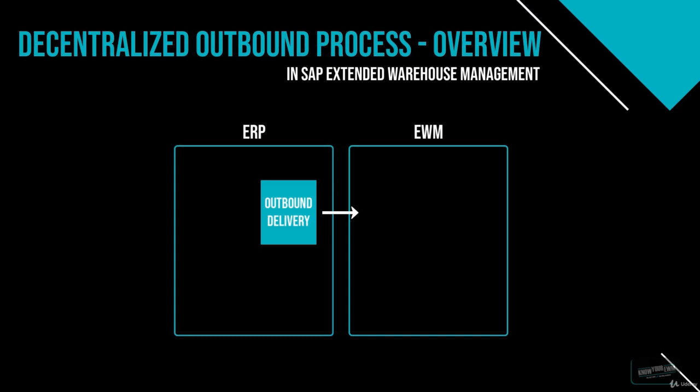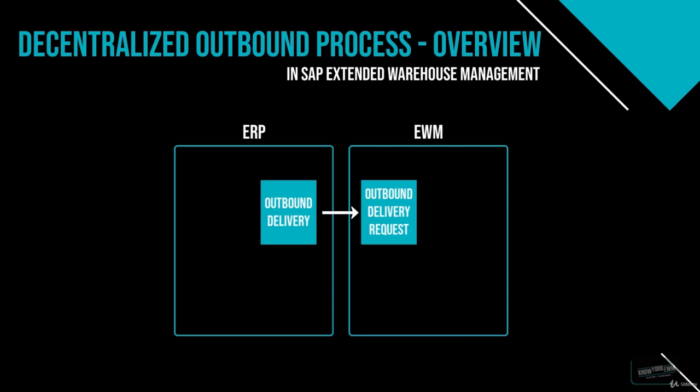Again, depending if we operate an SAP EWM 9.5 or an SAP EWM S4, the EWM will create a so-called outbound delivery request. This request is basically a copy of the ERP outbound delivery, and the document number is the same as within the ERP system.